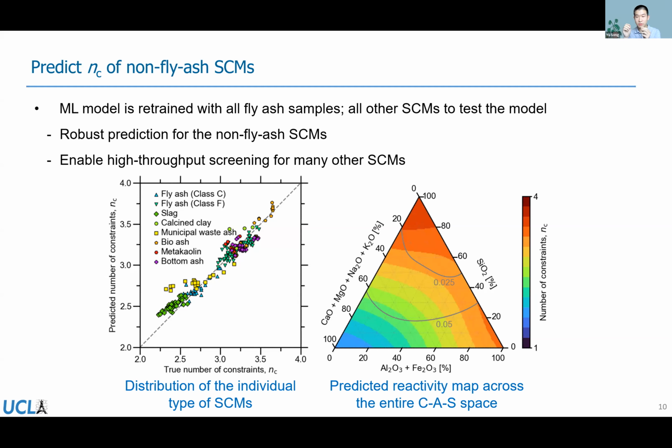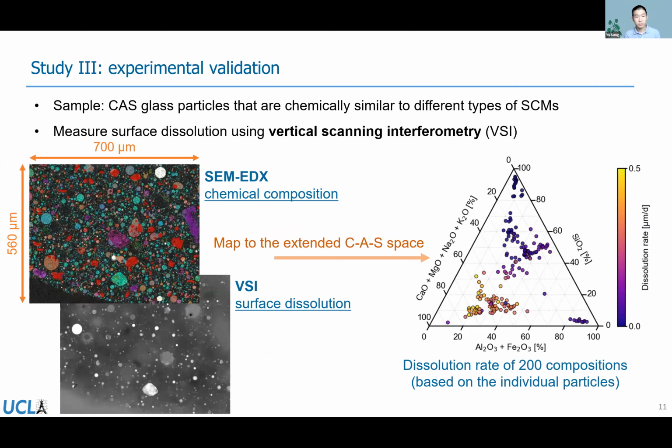But there's still a missing piece in the puzzle of this study, which is that so far we are only relying on data from literature. It would be much better if we can find evidence directly based on experiments, and that's what we did recently for the third study. Here we conducted an experimental validation.